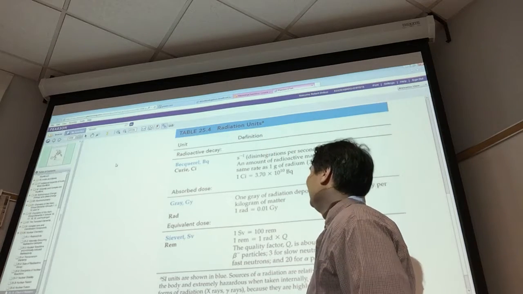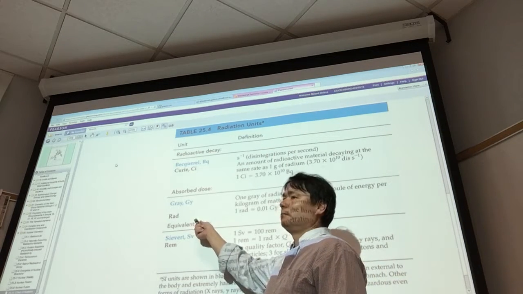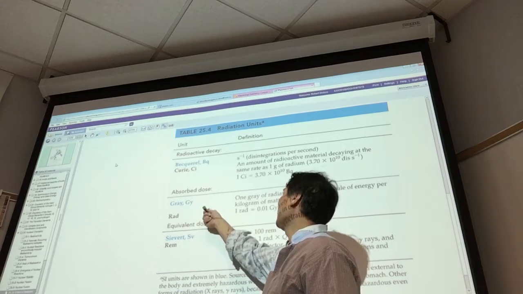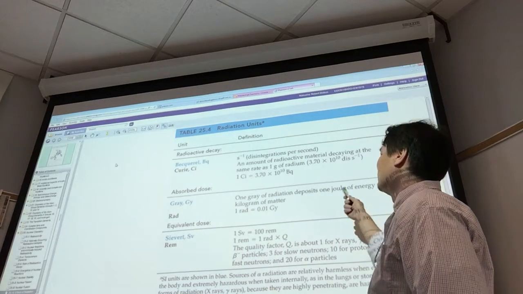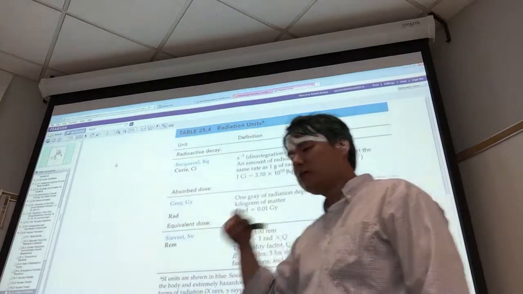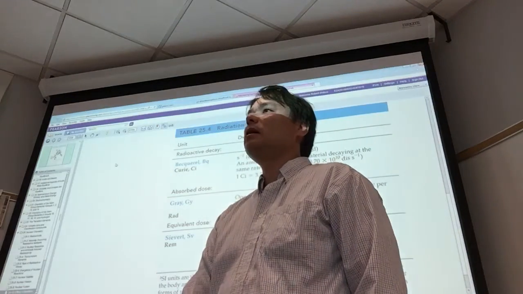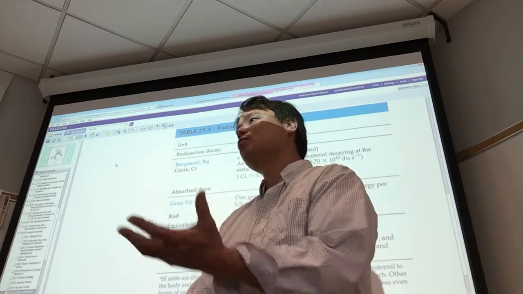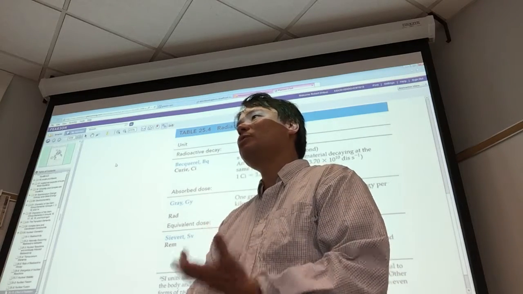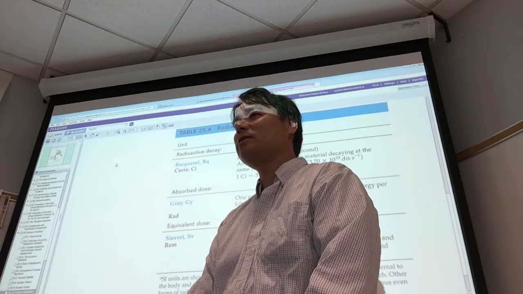Right. So we have this thing, the rad. A rad or a gray. 1 gray of radiation deposits 1 joule of energy per kilogram of matter. And so this is a little better, because if you had 1,000 becquerels of X-rays versus 1,000 becquerels of gamma, which one's going to give you more damage? The gamma.